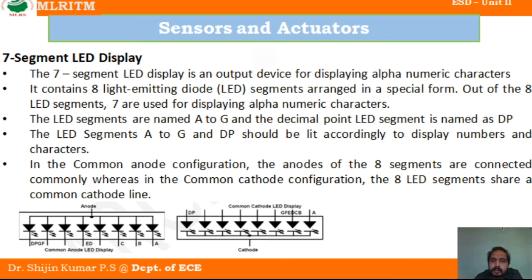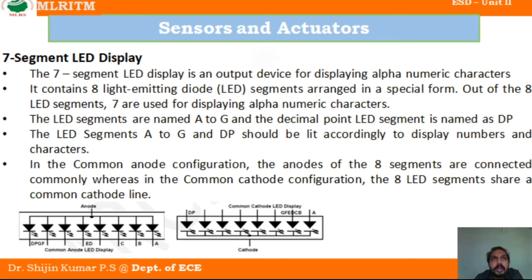Next is the classification of 7 segment displays. We have two configurations or classifications: the common anode LED display and the common cathode LED display. What is the difference between common cathode and common anode?